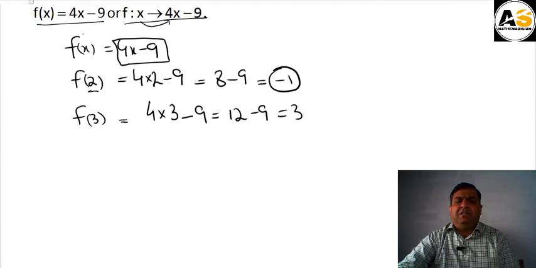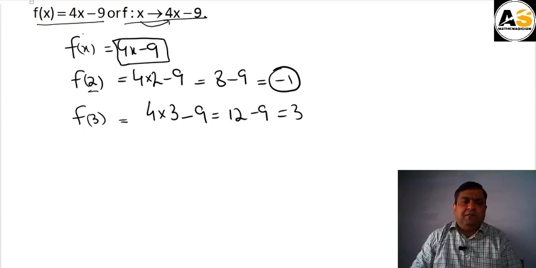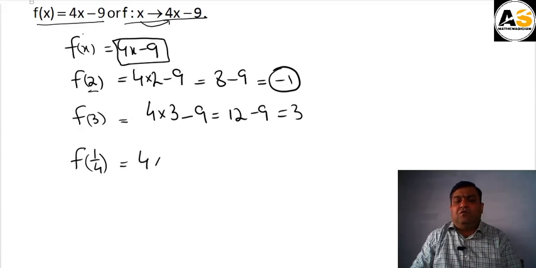Similarly, we can find the value of this function at any given value of x. Let us see f of 1 by 4. This is the value of f of x at x is equal to 1 by 4. 4 multiplied by x will be replaced by 1 over 4, which will be 1 minus 9, which is minus 8.